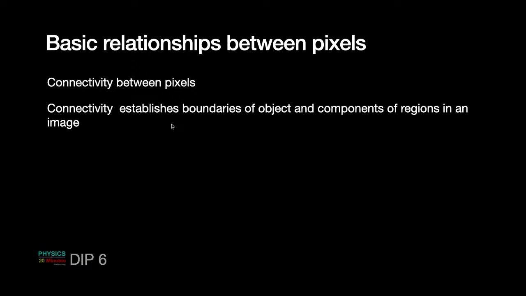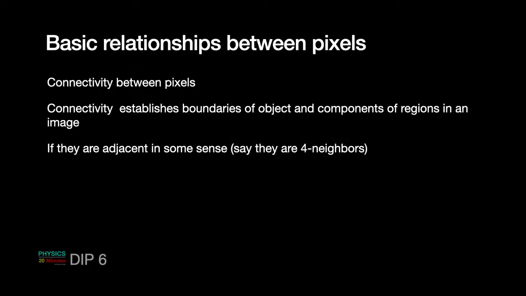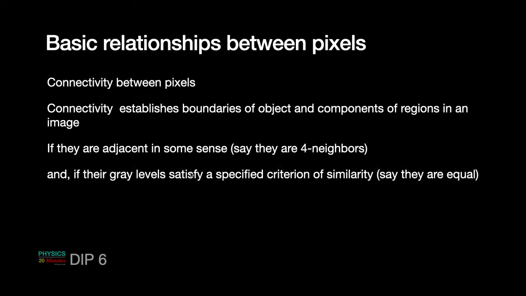Suppose you want to make a face look brighter, so you have to figure out the face pixels in an image which are connected by some rule. There can be four neighbors next door, so they can be adjacent. Two pixels are said to be connected if they are adjacent in some sense.